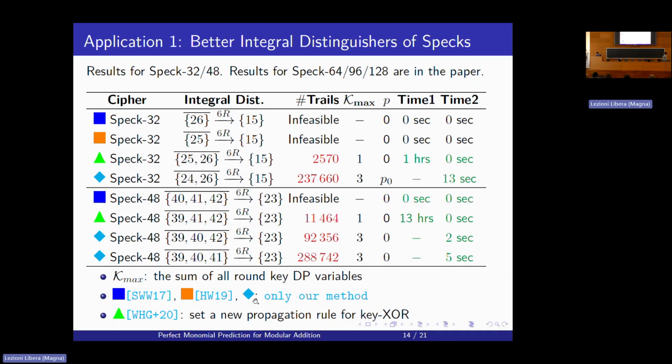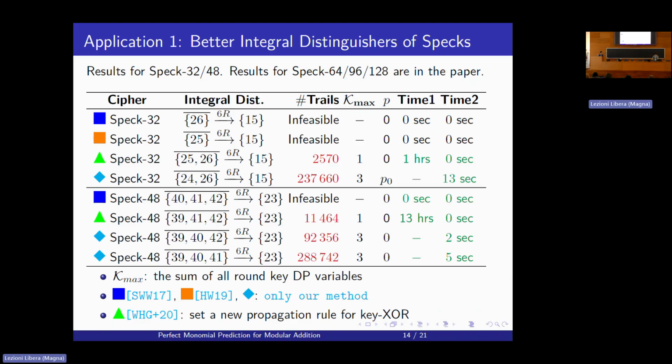But in that paper, they needed new propagation rules for the KXOR to cancel the effect of the K bits. And their model used 1 hour and 3 hours for Speck48, but with counting the trials, it's very quick. Thank you.